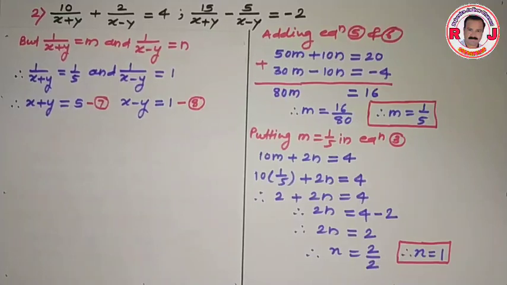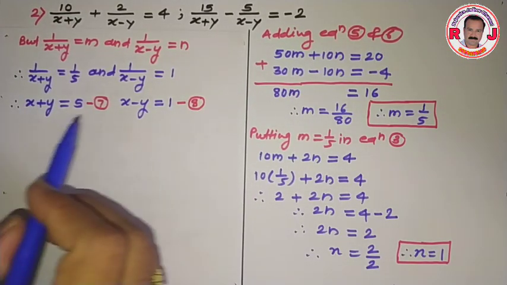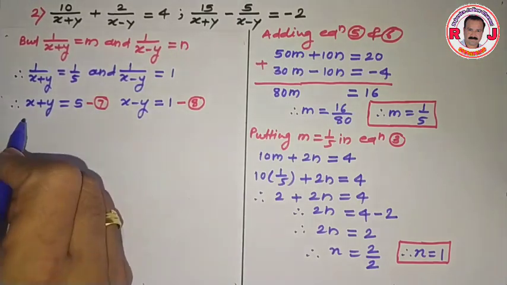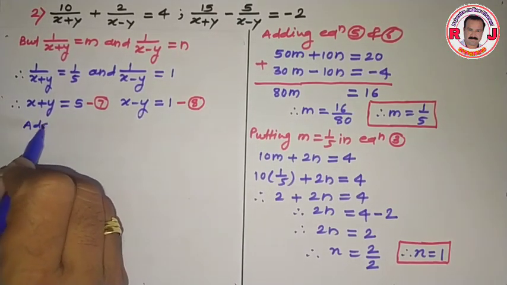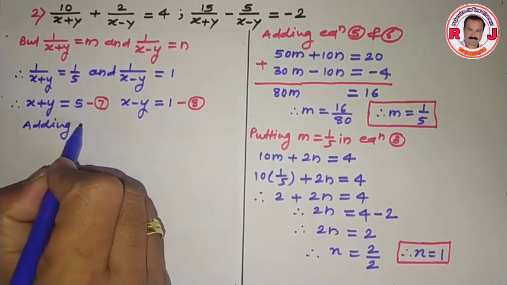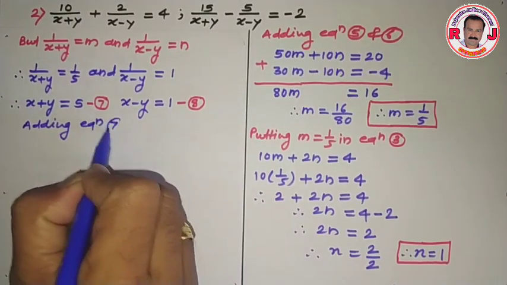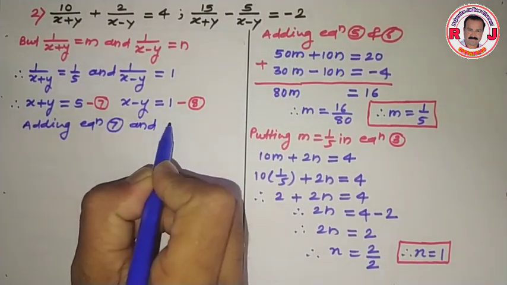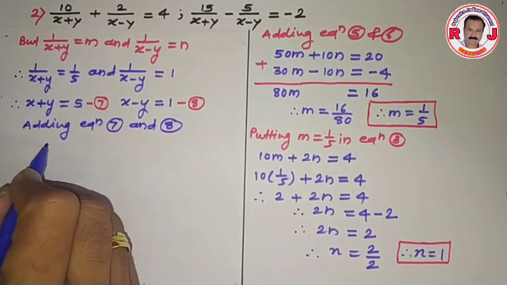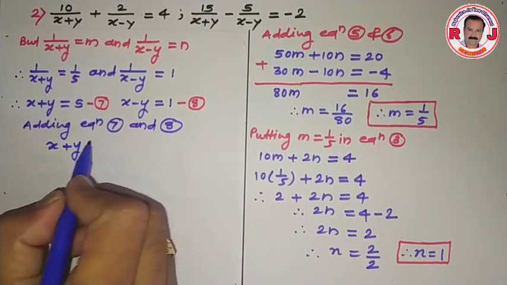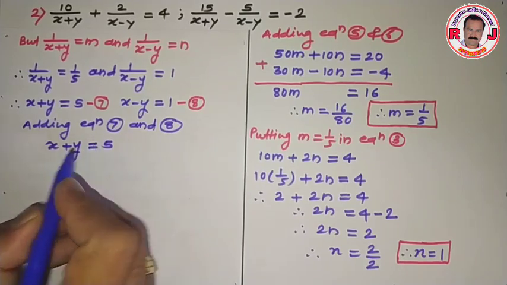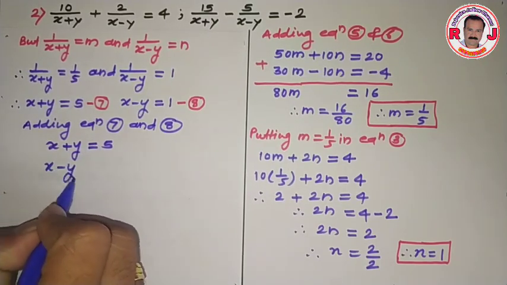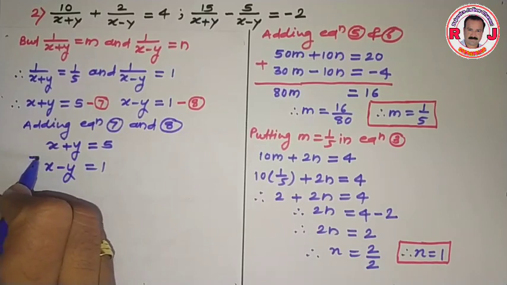Here find the values of x and y. Here adding these two equations, adding equation 7 and equation 8, x plus y is equal to 5 and x minus y is equal to 1.